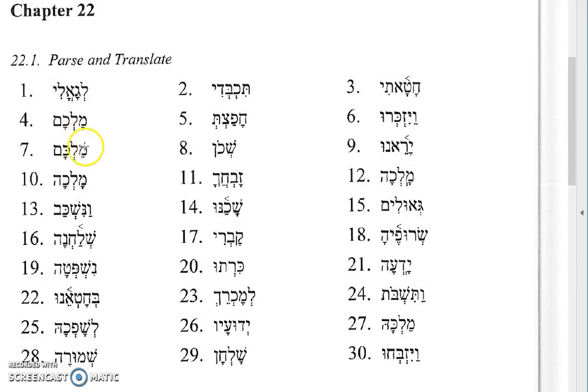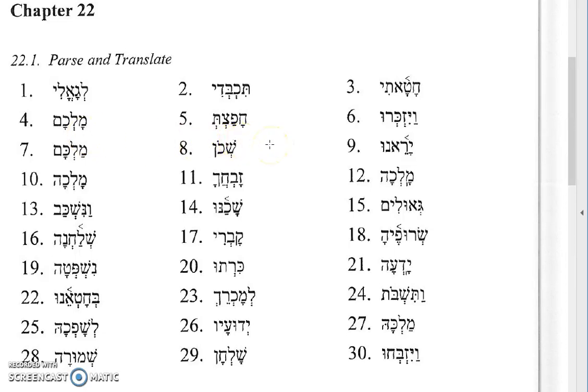Again, it's a matter of context, whether the them is an object of the verb rule, ruling them, or whether the them is the subject, they're ruling. But either way, it's an infinitive construct plus a third masculine plural pronominal suffix.